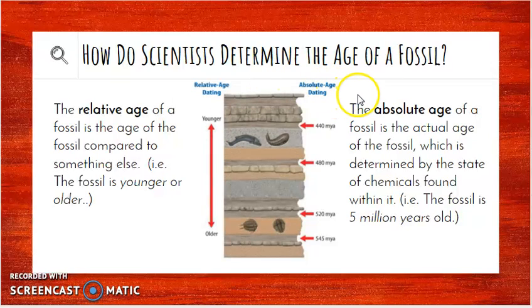Scientists are also able to discover approximately how old a fossil is by looking at the molecules that it's made up of, or the chemicals found within it. Molecules change over time, and so by looking at how the molecule is now, they're able to estimate how old the fossil is as well.